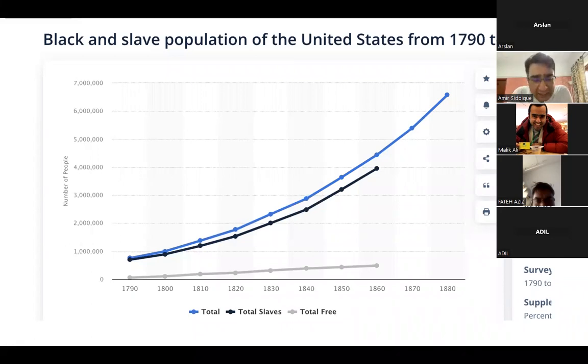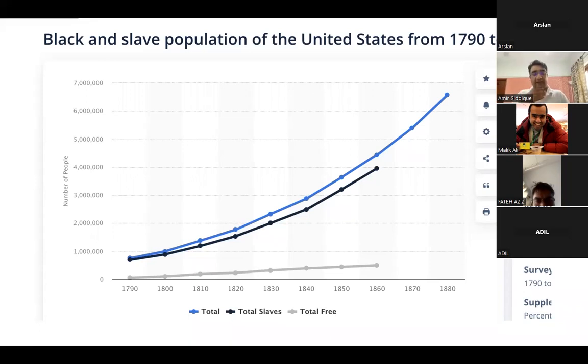As you can see, there were quite a few free people, but predominantly, I think 70, 80, 90% of African Americans in the United States continued to be slaves till 1860. So you see that, in this graph of 70 years, slavery continued to flourish.